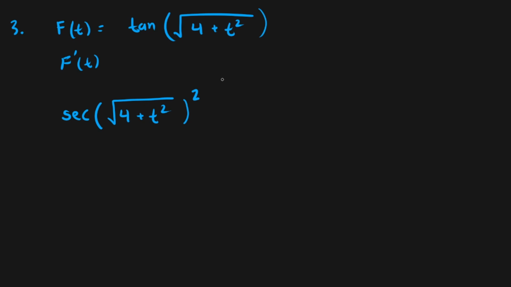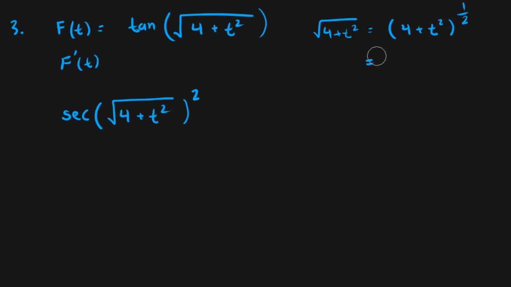Now let's take the derivative of the square root of 4 plus t squared. This can be rewritten as 4 plus t squared to the 1/2.